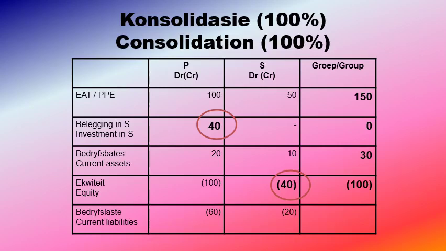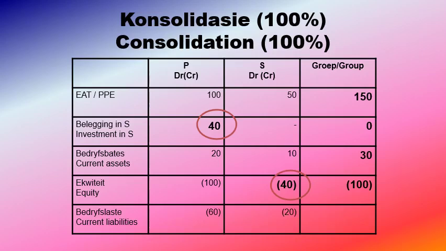So the investment in S in P's books is 40 Rand as an asset. But that asset is the equity in S's books. So in S's books, it's just represented by equity. And in the group's books, you cannot have an investment in yourself. So this investment cancels out against the equity because the group cannot invest in itself.